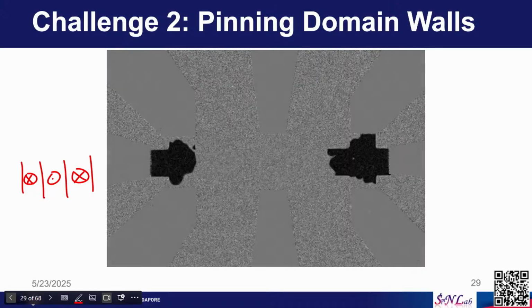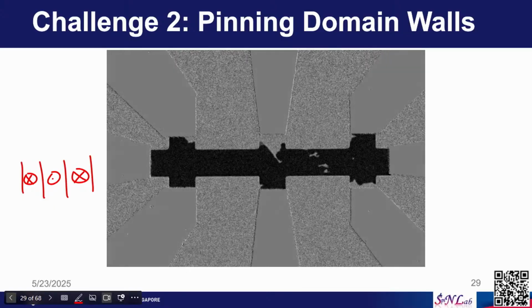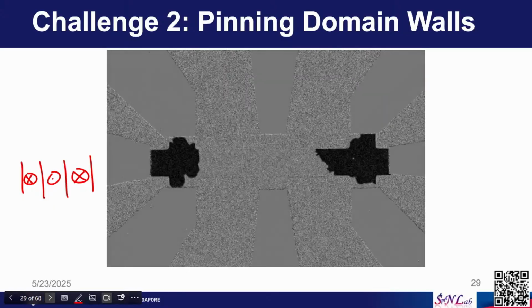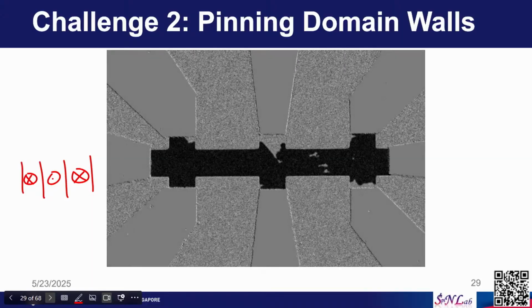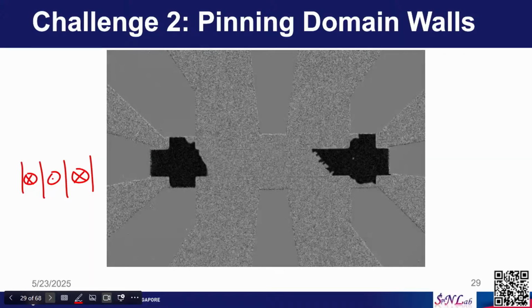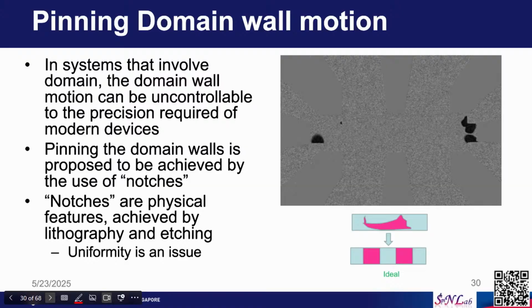There are many different ways people have researched pinning the domain walls. One of the earlier concepts, this is what we want, one domain, other domain perfectly arranged, but what we see is something like this, some random regions getting reversed.